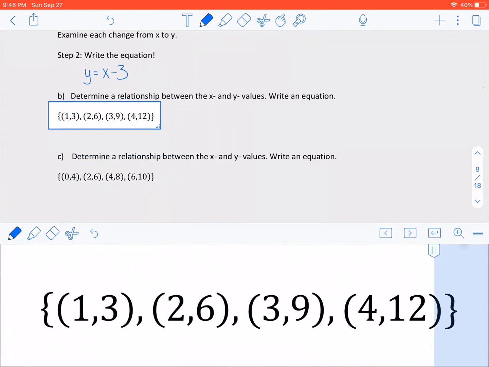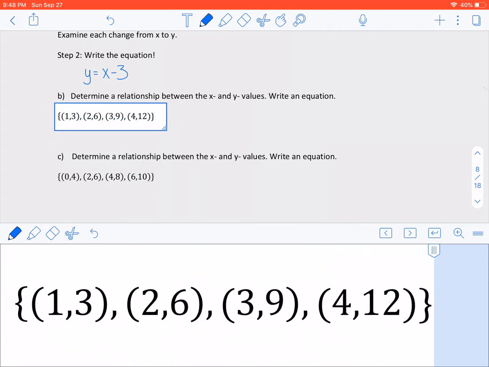Let's do the same thing here. How do I get from 1 to 3, from 2 to 6, from 3 to 9, from 4 to 12? What's the relationship between x and y on these? Well, if I add 2, I get 3. If I add 2 here, I get 4. So adding does not work. Let's try multiplying. 1 times 3, 2 times 3, 3 times 3, 4 times 3.